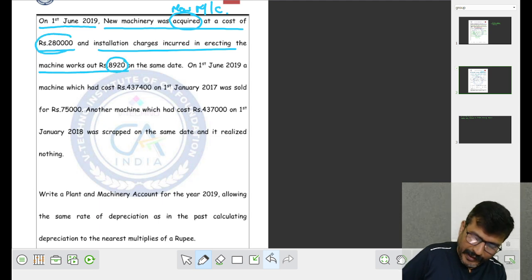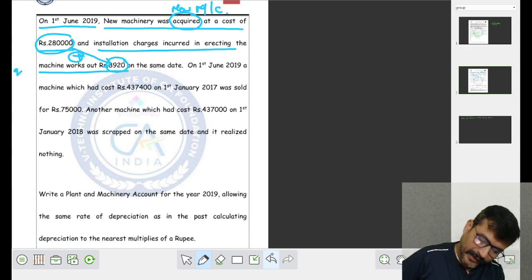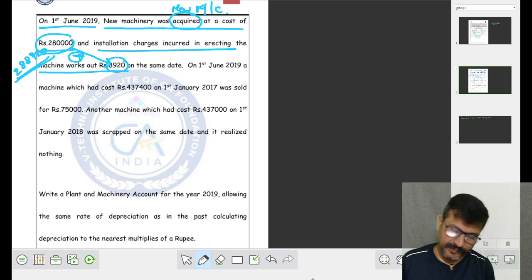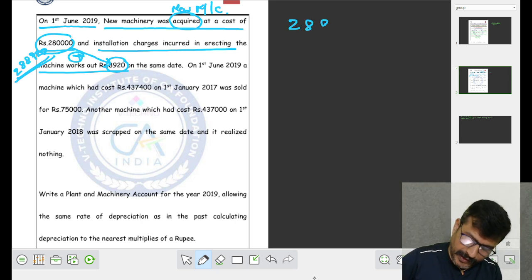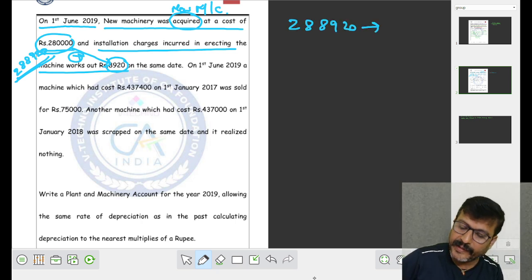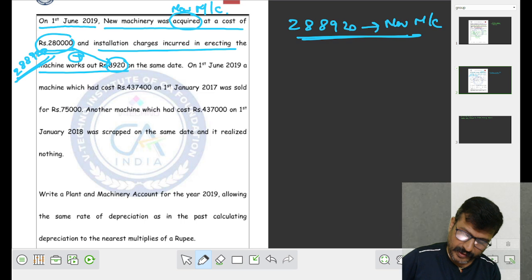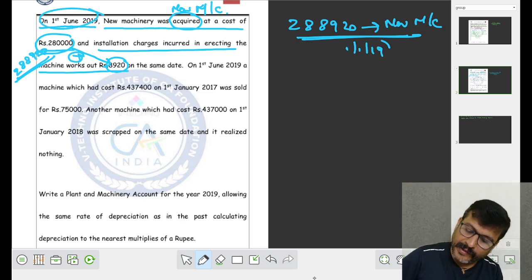So for 2,80,000, add this 8,920. It comes to 2,88,920, the value of the new machinery purchased.